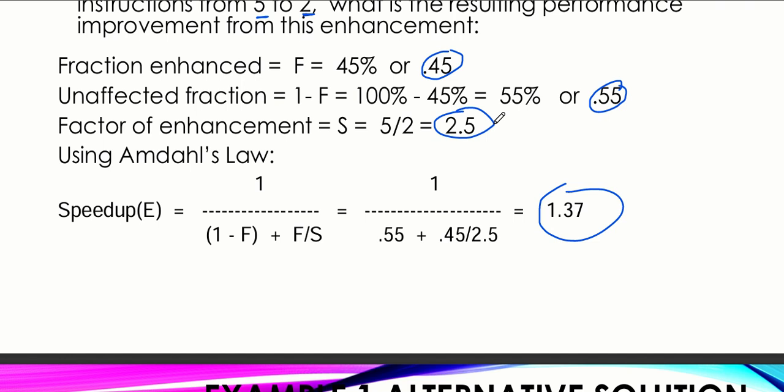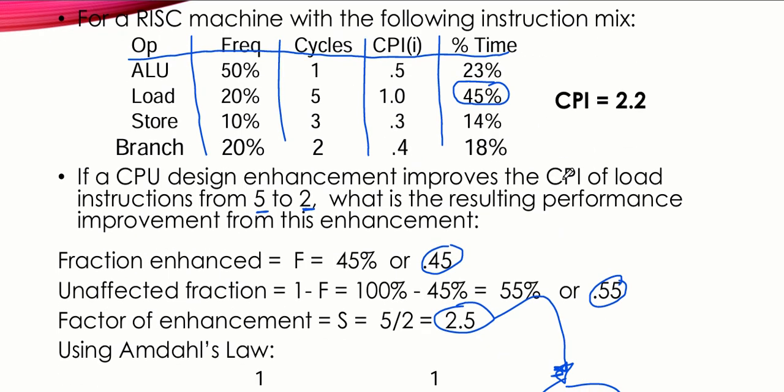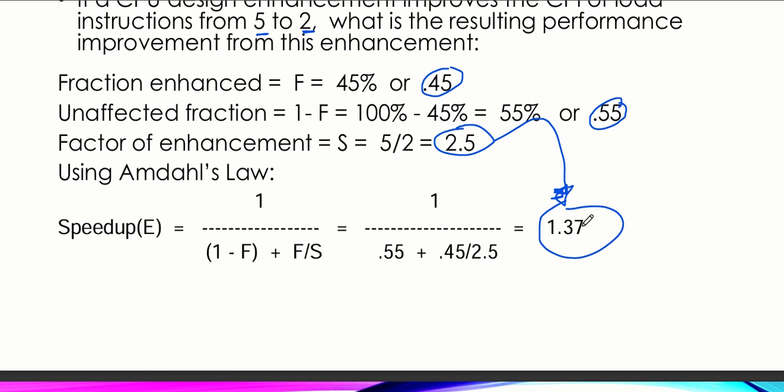I think this is more than 100%, but let's not worry. However, from the perspective of the whole machine, when it is executing a whole program with that kind of distribution of instructions you see there, it is only made faster 1.37 times, or there's only a 37% improvement.